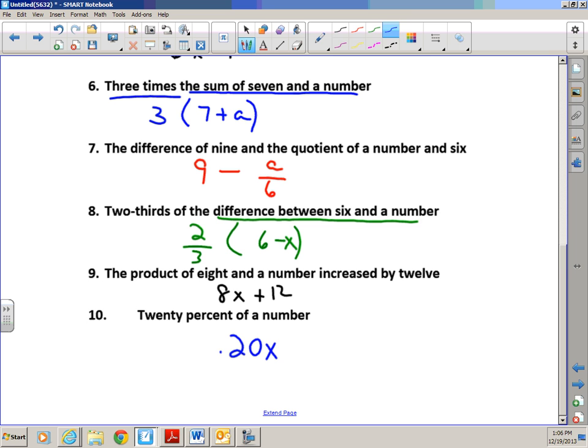I would write it as 0.20 in decimal form because I don't apply a percent to a number. So, just to recap, we're now working on translating phrases into algebraic expressions that will enable us to be able to write equations for and solve word problems.